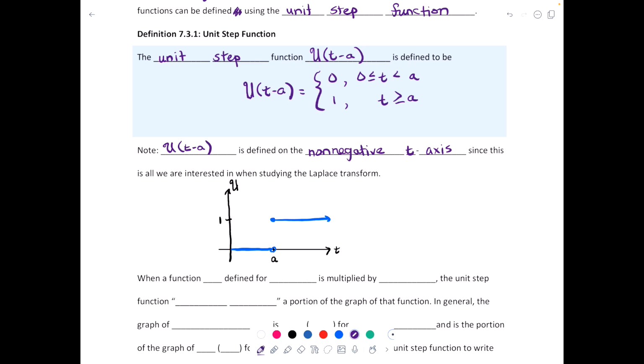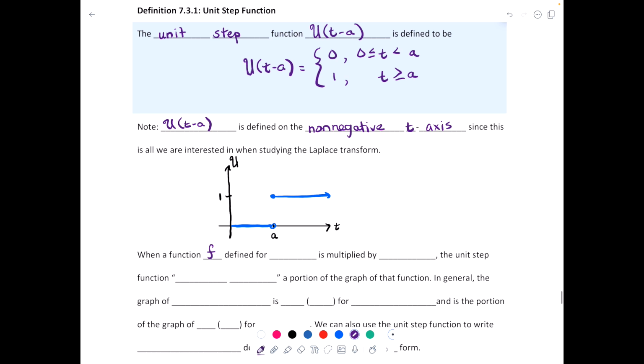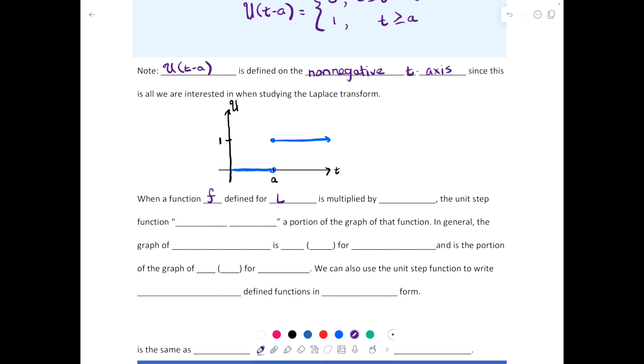So when a function f defined for t greater than or equal to 0 is multiplied by this unit step function at t minus a, the unit step function basically, quote unquote, turns off a portion of the graph of that function.